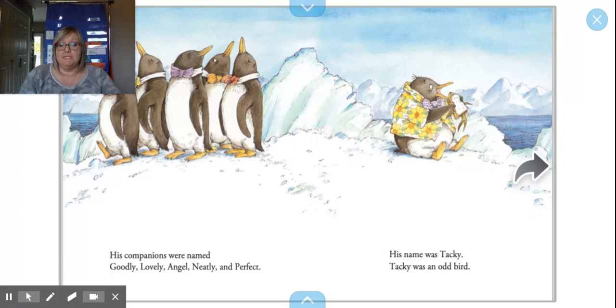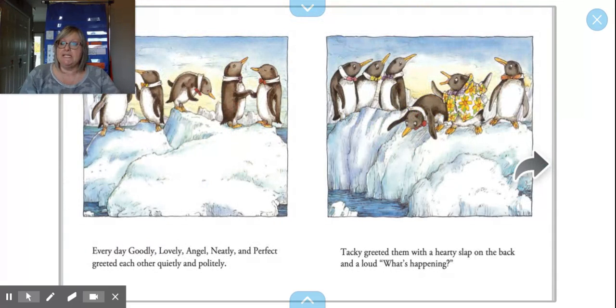His companions were named Goodly, Lovely, Angel, Neatly, and Perfect. His name was Tacky. Tacky was an odd bird. Every day, Goodly, Lovely, Angel, Neatly, and Perfect greeted each other quietly and politely.